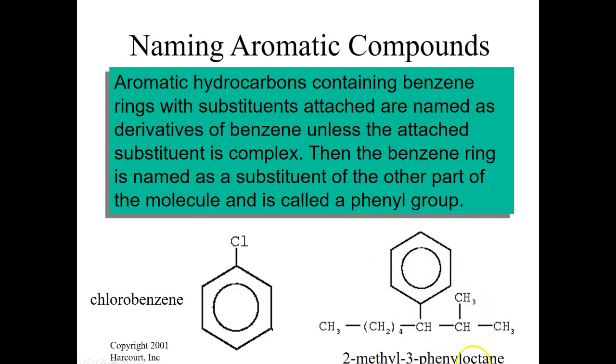So these are kind of complicated to name. And sorry about that, I don't know why they make things so hard. But they named the chain, and then they threw a phenyl group on there on carbon number 3, if you're counting 1, 2, 3. Phenyl on 3, methyl on 2, 1, 2.